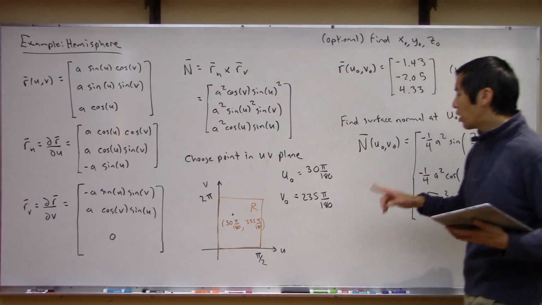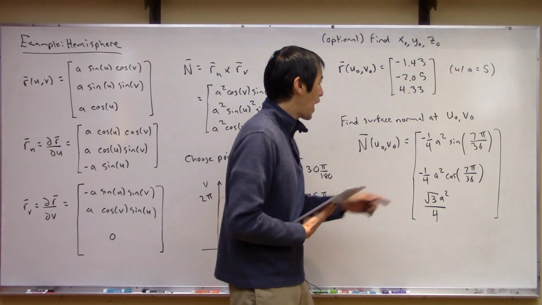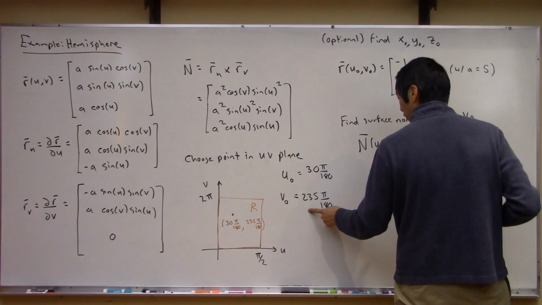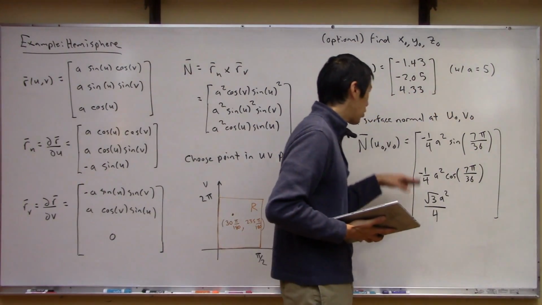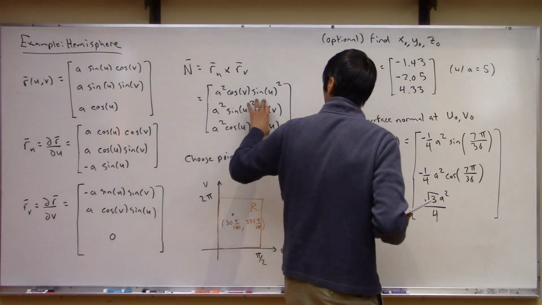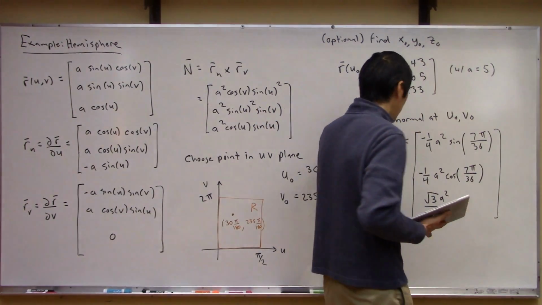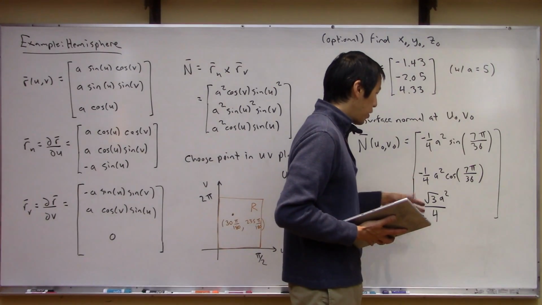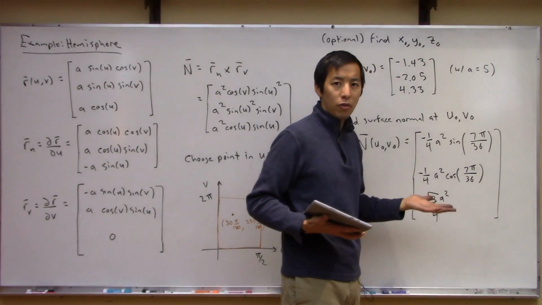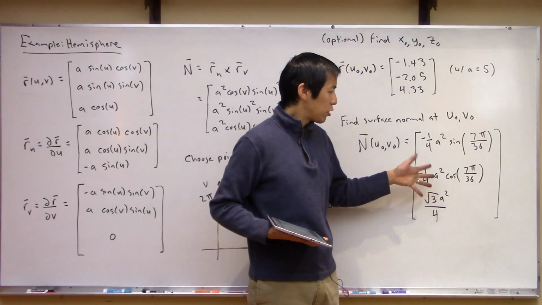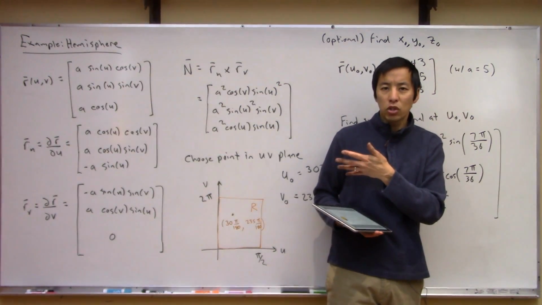What we do want is to find the surface normal at this location of apparently 30 degrees latitude, 235 degrees longitude, if you want to think about it that way. All we've got to do is plug it into here. We already computed the surface normal, which was good for any UV. So for this particular UV, you end up with these numbers. If you want to use an a of 5, you can plug that in, and I'll show you a picture of what this looks like.